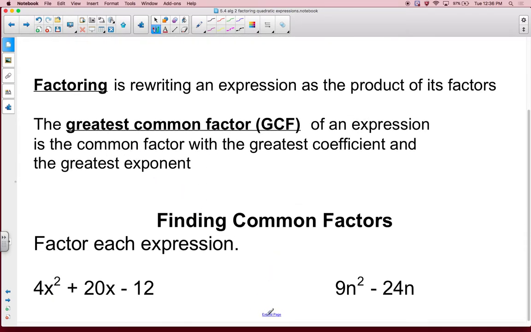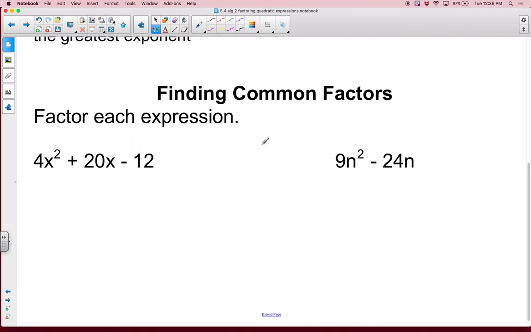Finding common factors. We can look here and see, okay, what number or coefficient goes into 4, 20, and negative 12? Well, we should see that a 4 goes into all of those. An x cannot be taken out because this last term does not have an x. So we're left with an x squared. When I take something out, it's the same as dividing it out and just writing our greatest common factor in front.